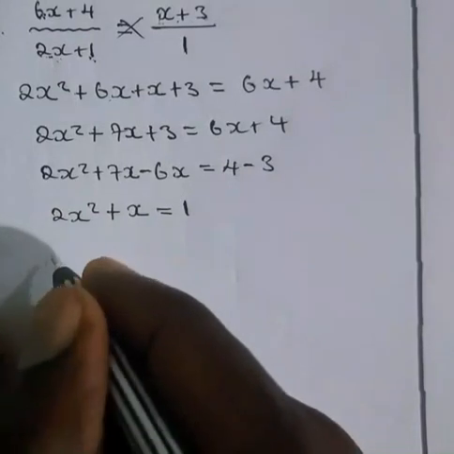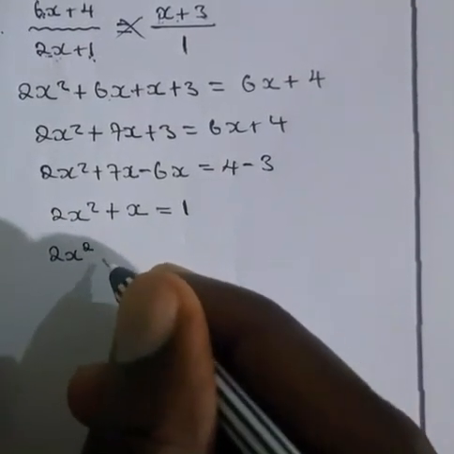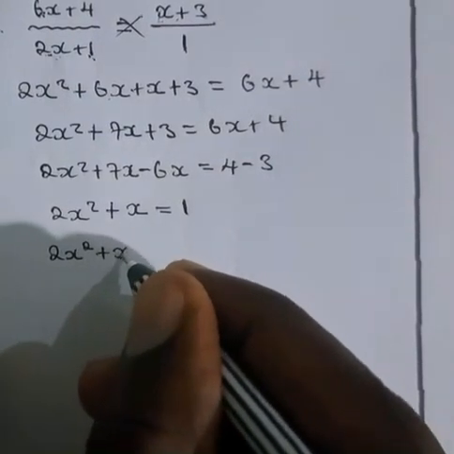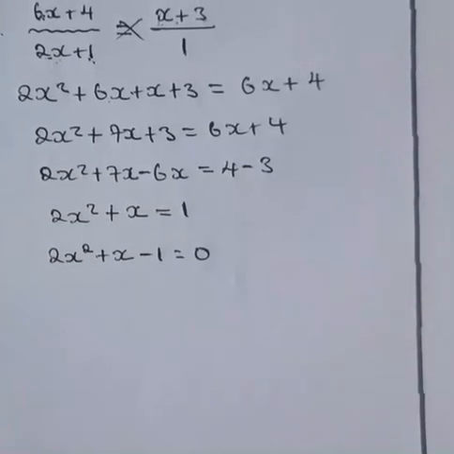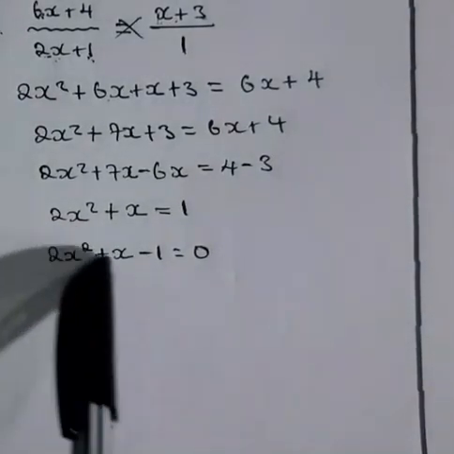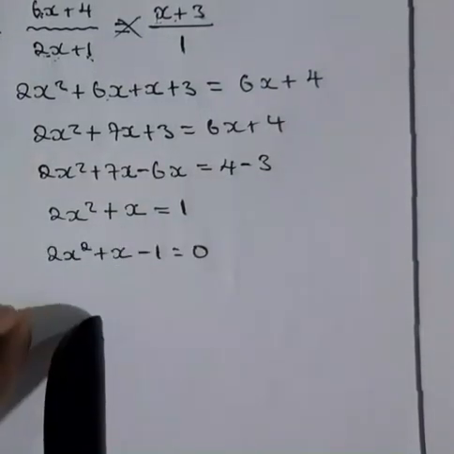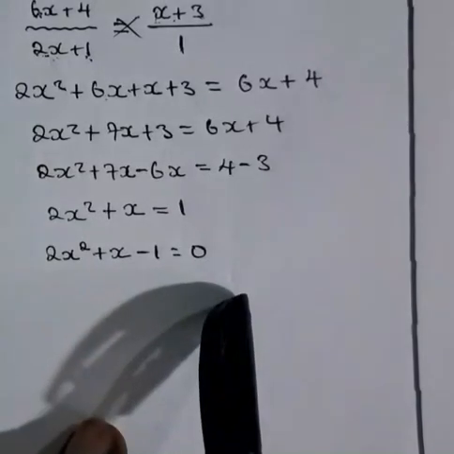So we have 2x squared plus x minus 1 is equal to 0. From here, we want to find the roots of this equation that make the whole of it equal to 0.